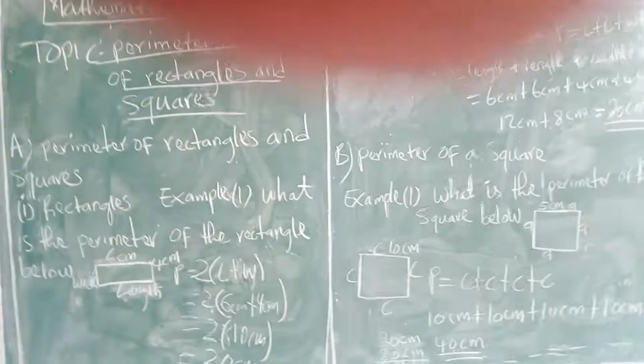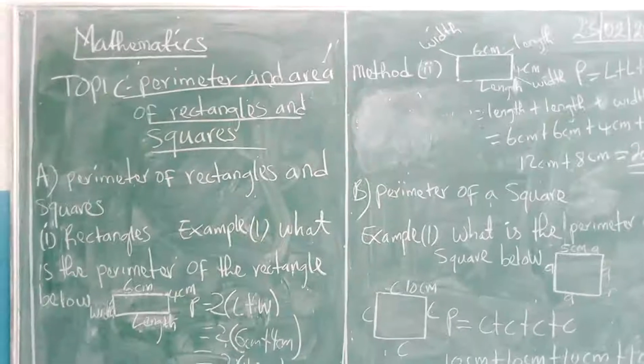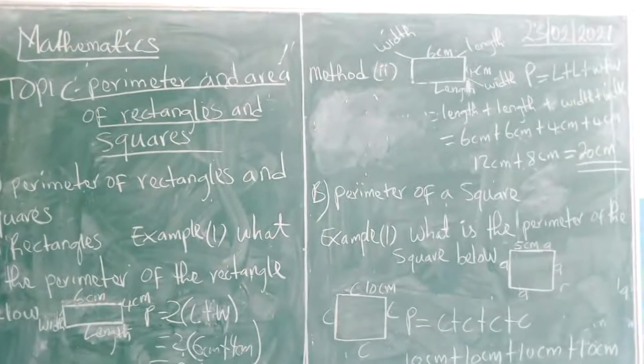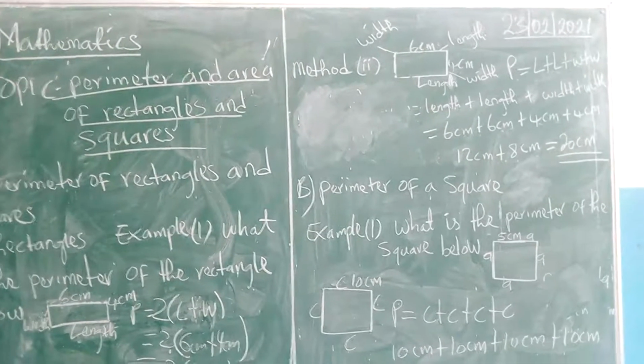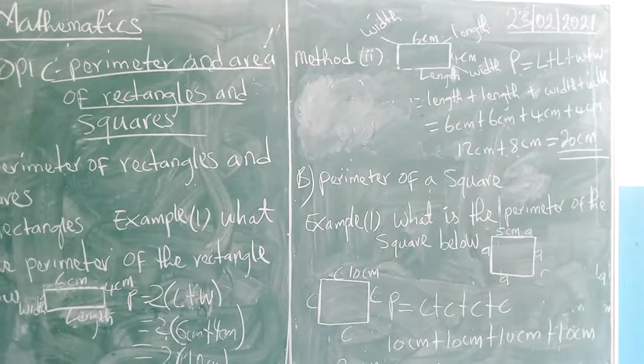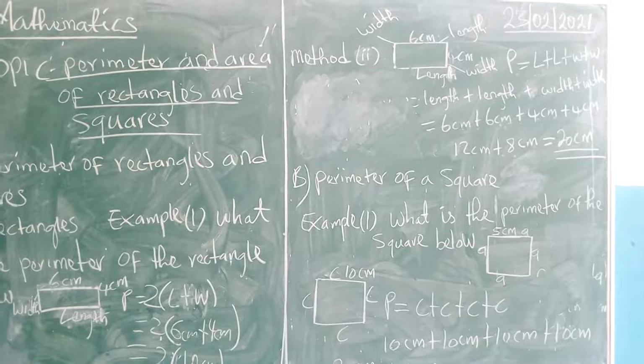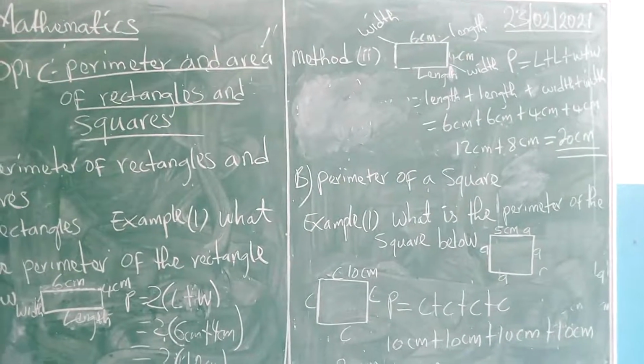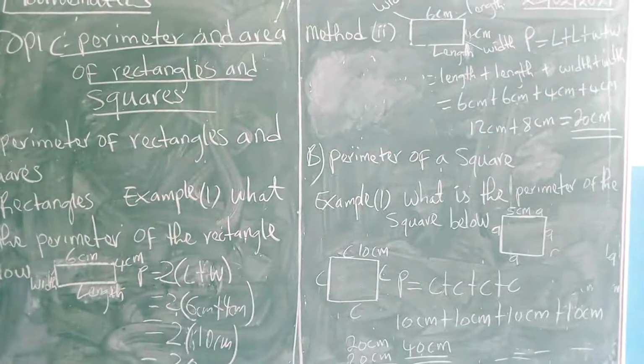And so if we want to know the perimeter of our square, it will be P equals A plus A plus A plus A, because we have 4 sides. Each A stands for 1 side of the square.